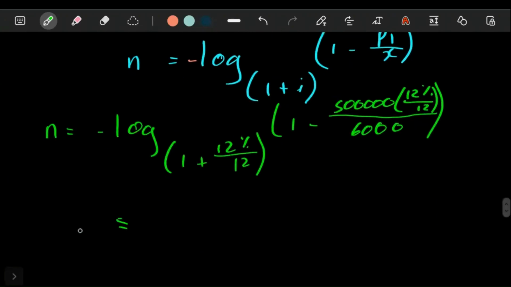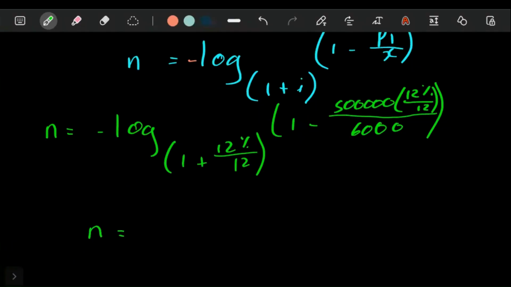So let's put all this into the calculator and see what it gives us. In your calculator, you just want to make sure that the way you're putting it is correct. So minus the log button, brackets will always help you. We put this first bracket first, and then 1 plus 12% over 12. In the other bracket, obviously, you're going to say 1 minus a fraction button.